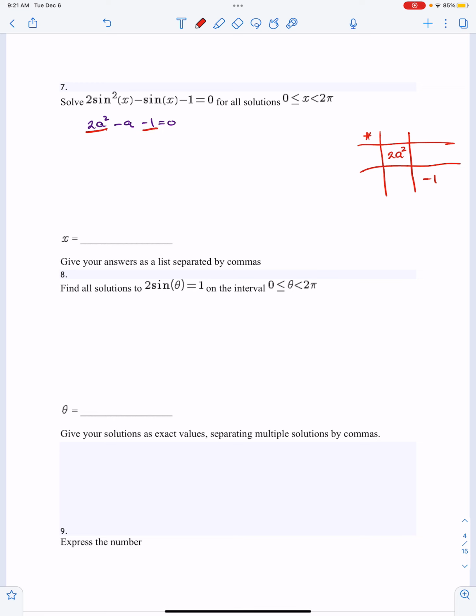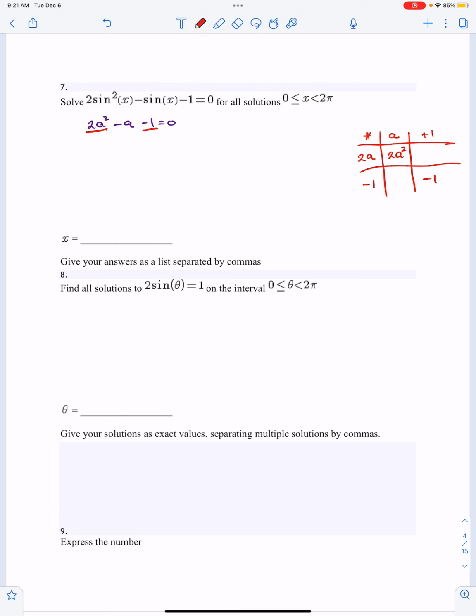I know that 2a squared could be the result of multiplying 2a by a. So 2a times a is equal to 2a squared. Negative 1 can be the result of negative 1 times 1. So I'm going to put negative 1 here times positive 1 here, and then I will double check.